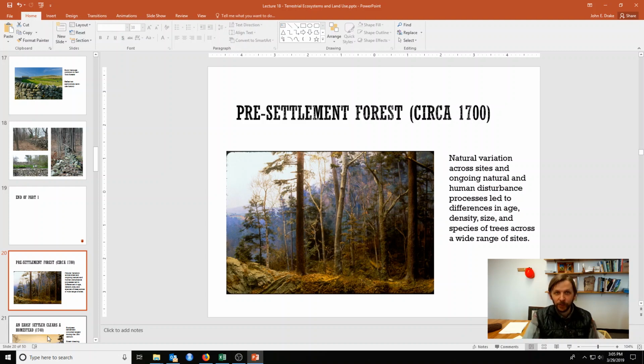And this is exemplified by this picture of an actual physical diorama that exists at Harvard Forest in Petersham, Massachusetts. They have this beautiful set of diagrams that show the structure of forests in the Northeast following a time series of human use. And so this is an artist's rendition of what the forests might have looked like before white settlers arrived.